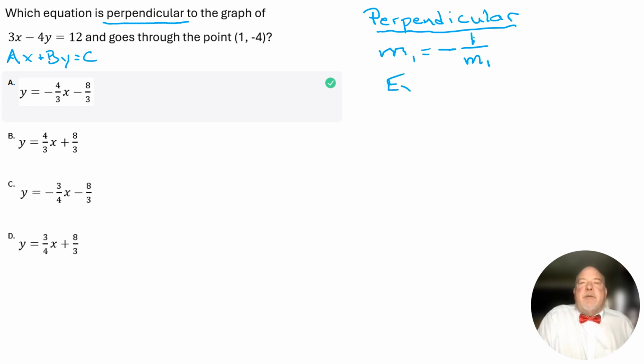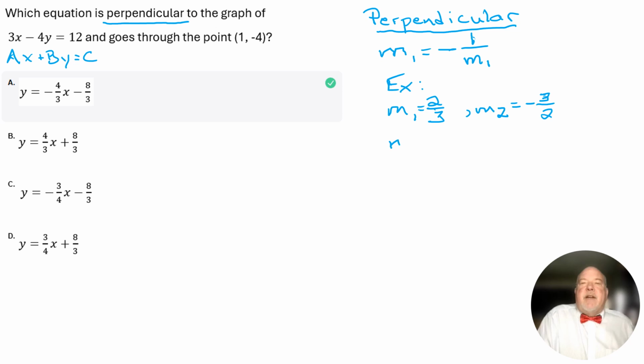Here are some examples of opposite reciprocals. Let's say m1 was 2/3. Then m2 would be equal to negative, and you simply flip the fraction over. That's how you find the reciprocal of a fraction. You flip it over, and so that would be 3/2.